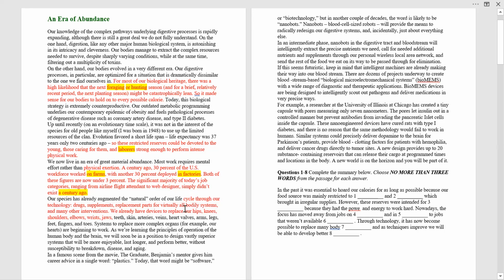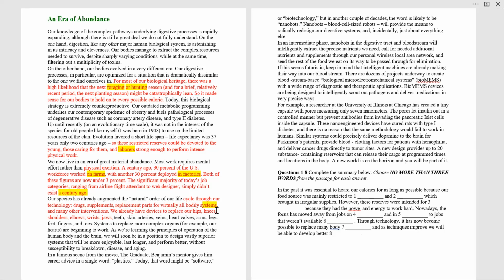So replaced, now it has become possible to replace many body. And if I write here systems, would you take it as the right answer or not? We have to understand this very thing, whether it can be our answer or not. But still we are reading further. We're not taking it for granted as an answer because we have to read a few more sentences. So it says bodily system, techniques improve. And as techniques improve, we will be able to develop better. Okay.